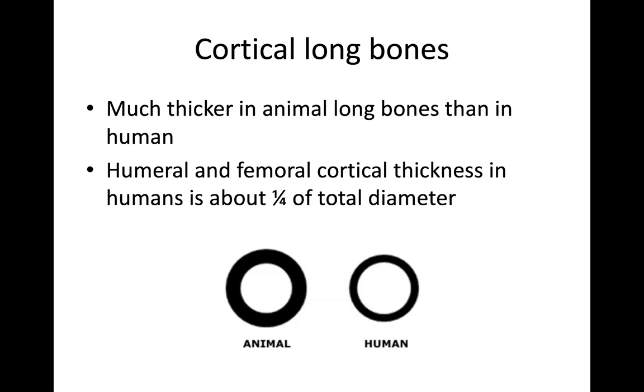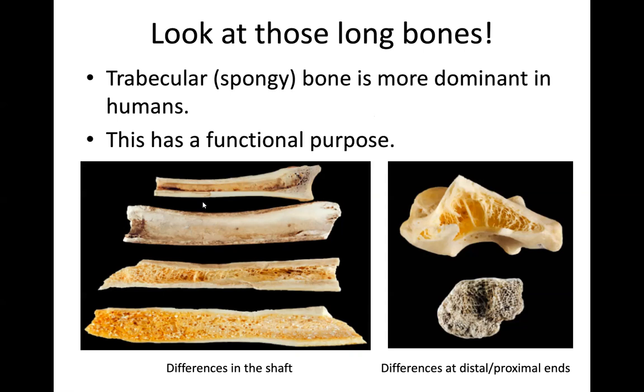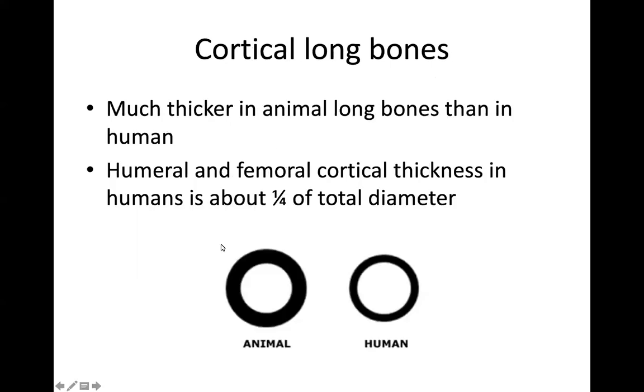Next is looking at what I was talking about earlier, the cortical bone, that exterior part of the bone. And you can only really see this once again in cross section, like you see here. That's the cortical bone right there, that thick outer layer. It is much thicker in animals. And that's because they don't have that awesome spongy trabecular bone on the inside.